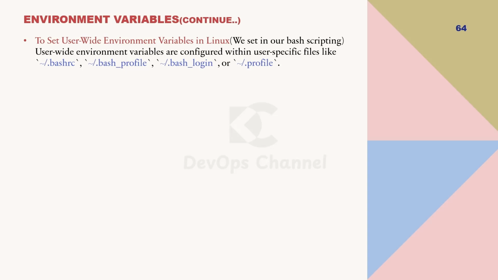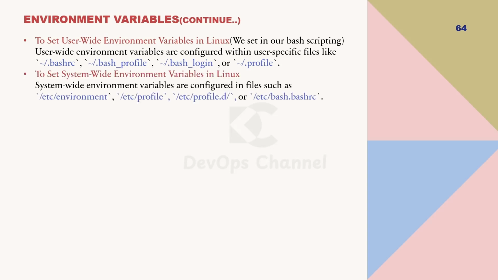That was an example of user-wide. Now, what is system-wide? That will be configured globally, system-wide. You can change these files so that it will be your system-wide environment variable. You can go to these files and edit them with whatever editor you want to open with. If you want to unset an environment variable, you can either type unset and then the name, or give it a name equal to blank.